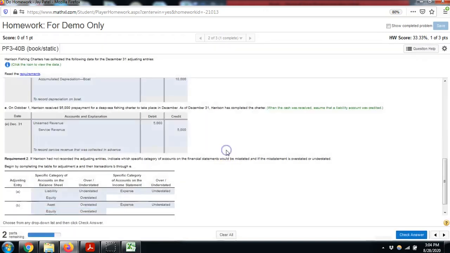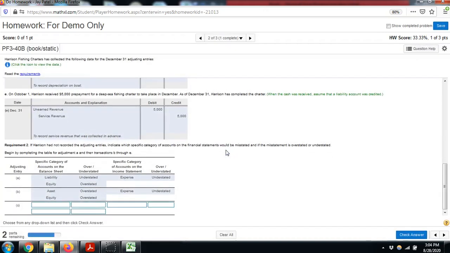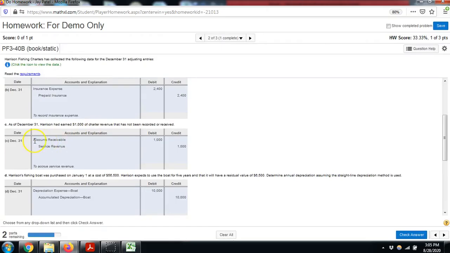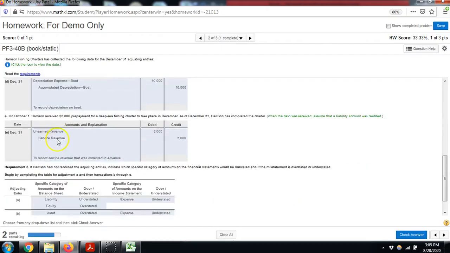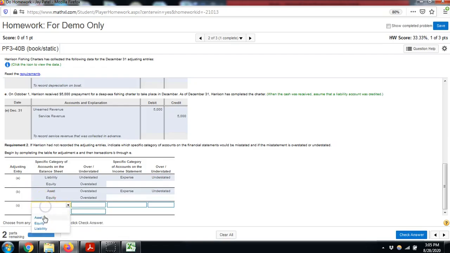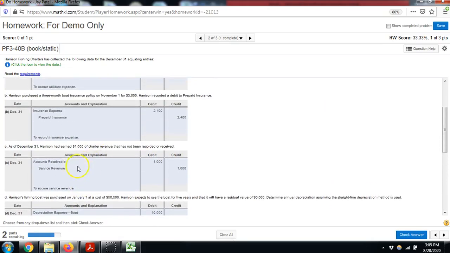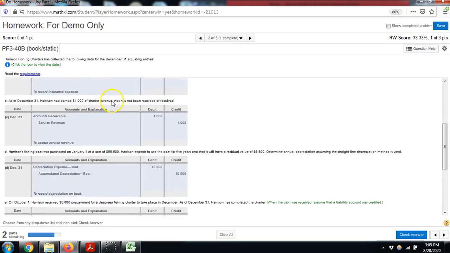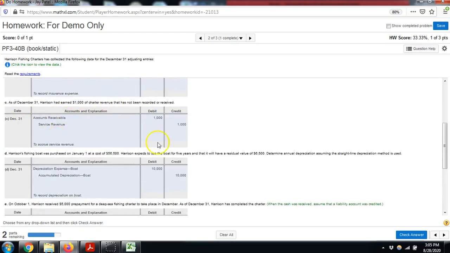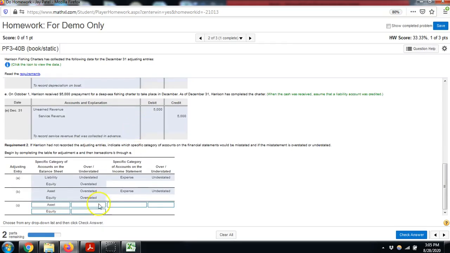Okay. C, accounts receivable, asset, service revenue, equity. So it's going to be asset, equity. Again, what are we doing? We're creating an asset here. So if we failed to make this entry, then we would have been understating our assets.